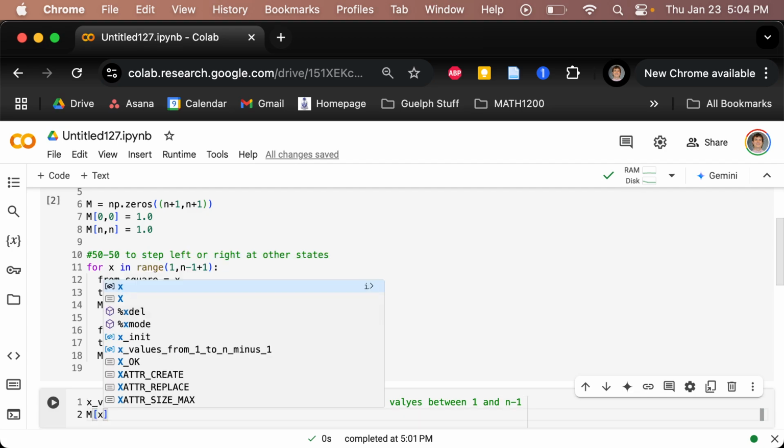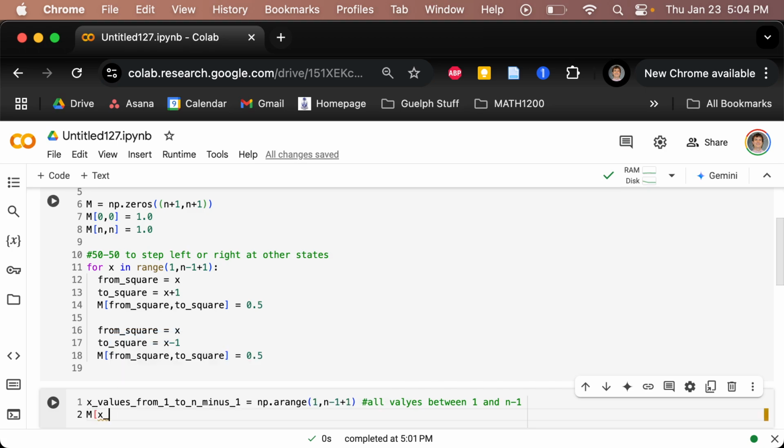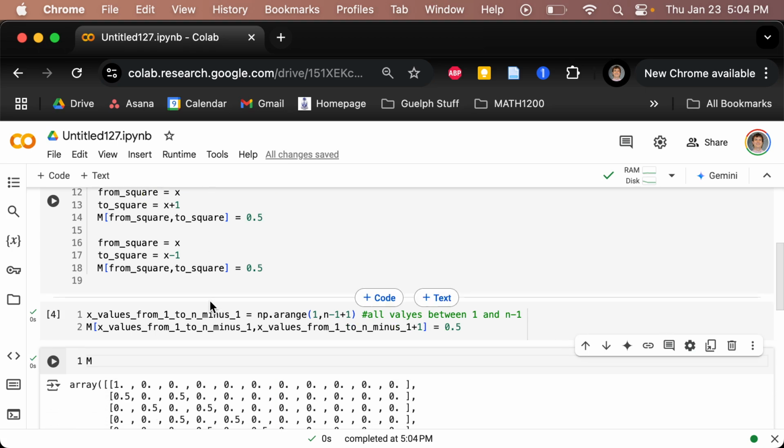You can do all the x values, this plus 1, and set them all to 0.5 at the same time. So you can feed an array into an array, and it will get all of those for you. This line of code is doing everything that this for loop was doing in these 4 lines, and it's doing it faster and easier to read. I made the variable names a little bit long, but other than that, that's doing half of it.